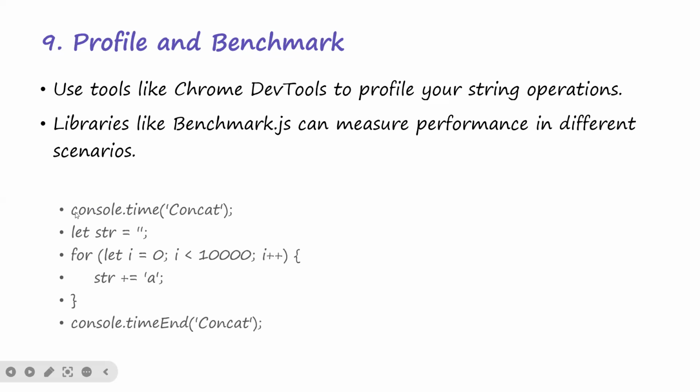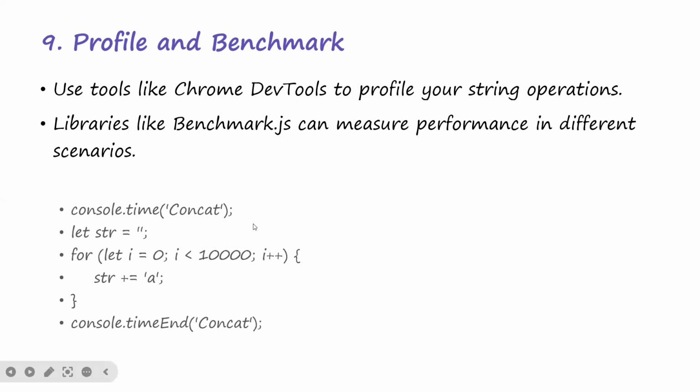So when you do console.time and give it a label and write your code, it's going to run, and at the end, it's going to print out to you how long it took for this code to run. So if it is taking too long to run, you know.